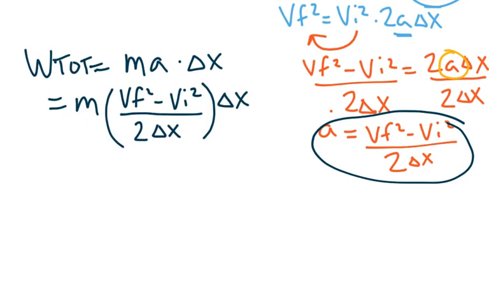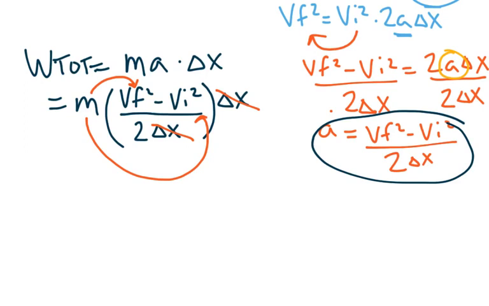You should be starting to see some of those elements of the kinetic energy formulas, because we know full well that these x's are going to cancel out here. We're going to get rid of those, and that brings us to the idea that this variable is going to be multiplied by the m, and this variable is going to be multiplied by the m. The 1/2 is shared by both.